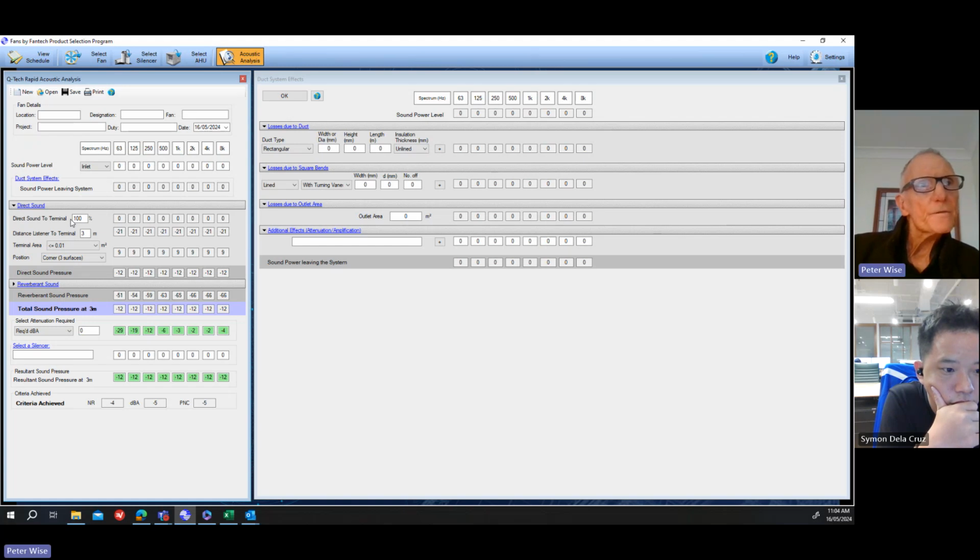You know, is it 100% of the sound power or is it 50%? You have to make a few judgments on these things, but generally it's pretty self-explanatory. And it puts these factors in. And when you get down to the bottom, it'll tell you how much attenuation you need, and then you can select a silencer from the catalogue.